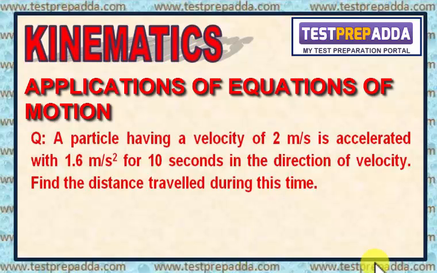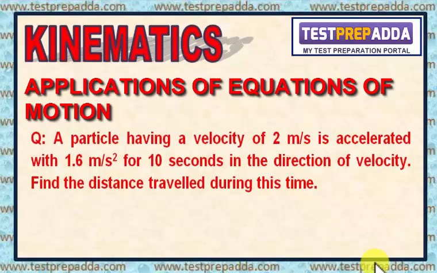A particle having a velocity of 2 meters per second is accelerated with 1.6 meters per second square for 10 seconds in the direction of velocity. Find the distance traveled during this time.